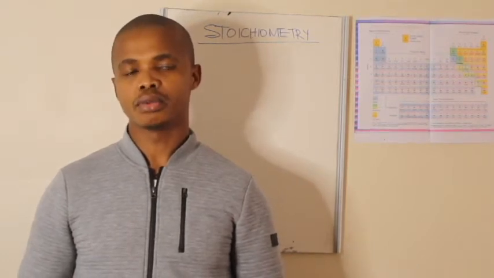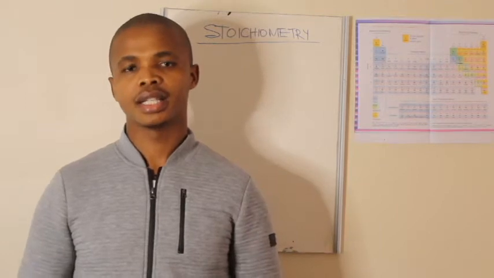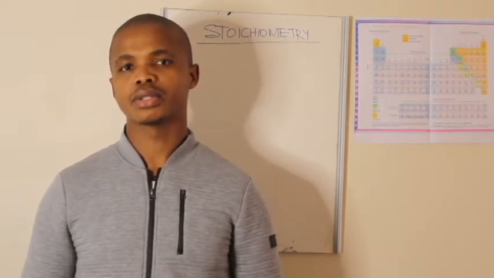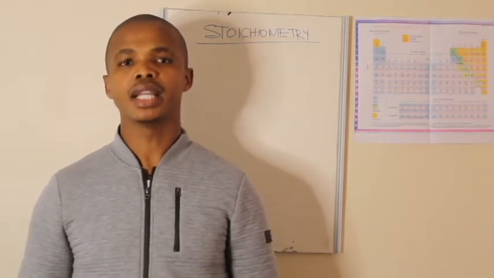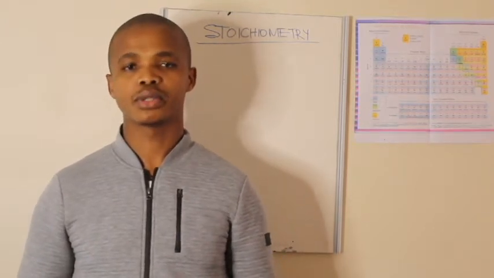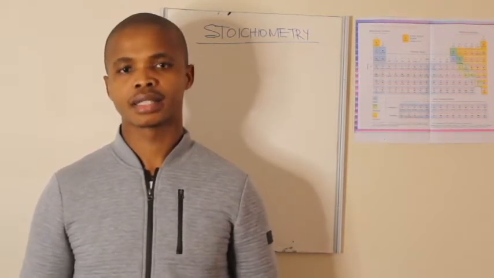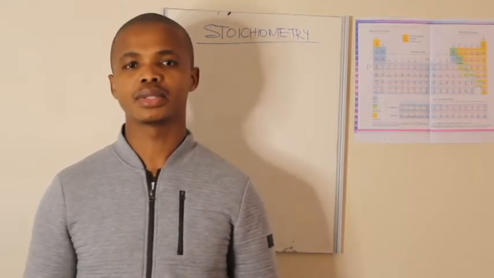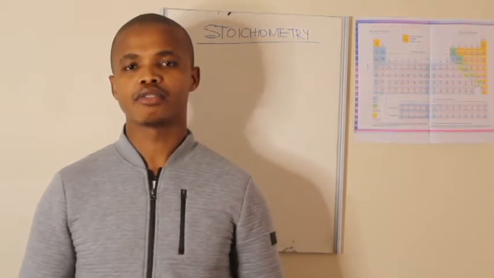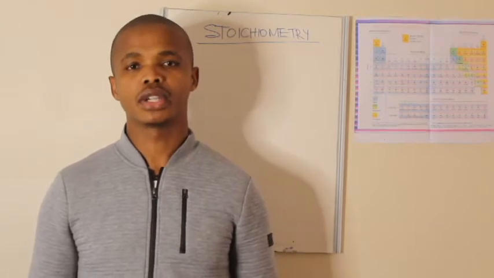So when you want to know the amount of any substance in a reaction, you'd want to find that amount in relation to the other compounds or molecules involved in the reaction. That concept of relating amounts of molecules involved in a chemical reaction is called stoichiometry.